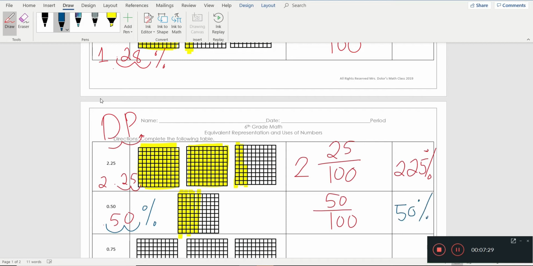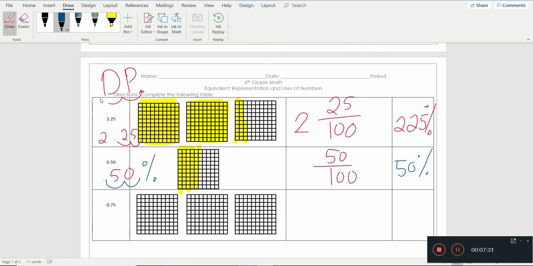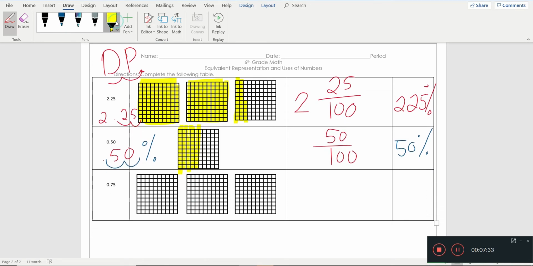Okay. So next thing what we're going to do is we have now here 75 hundredths. So it means 75 out of 100. So I have now 10, 20, 30, 40, 50, 60, 70, right?